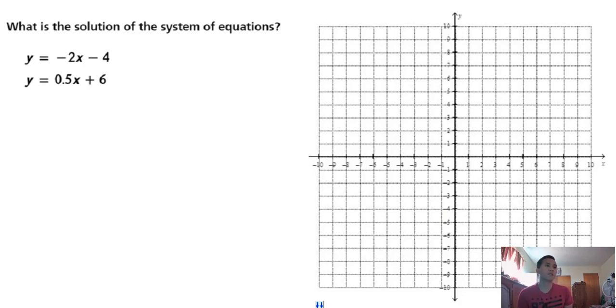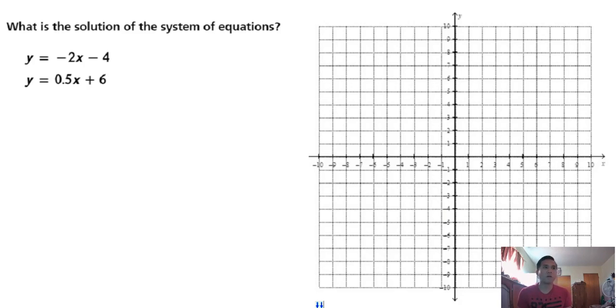What is the solution of the system of equations given y equals negative 2x minus 4 and y equals 0.5x plus 6? Have you noticed that our two given equations are already written in y equals mx plus b?